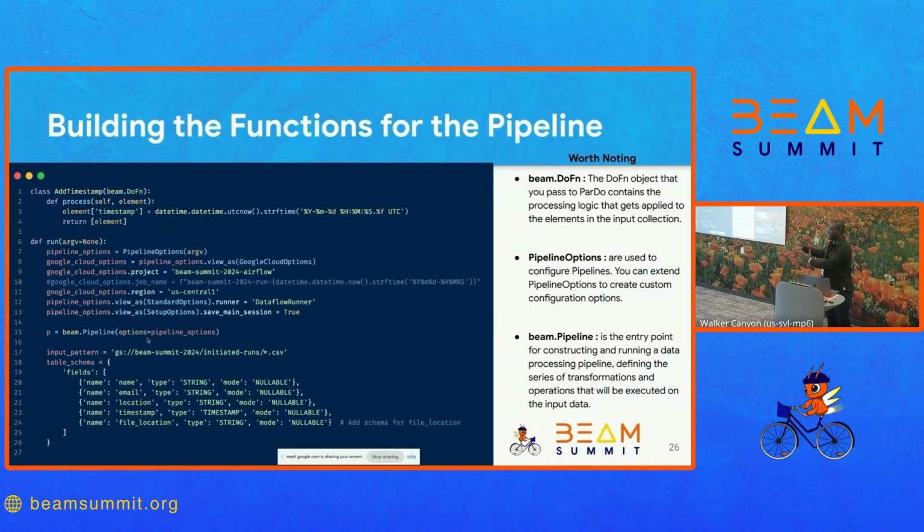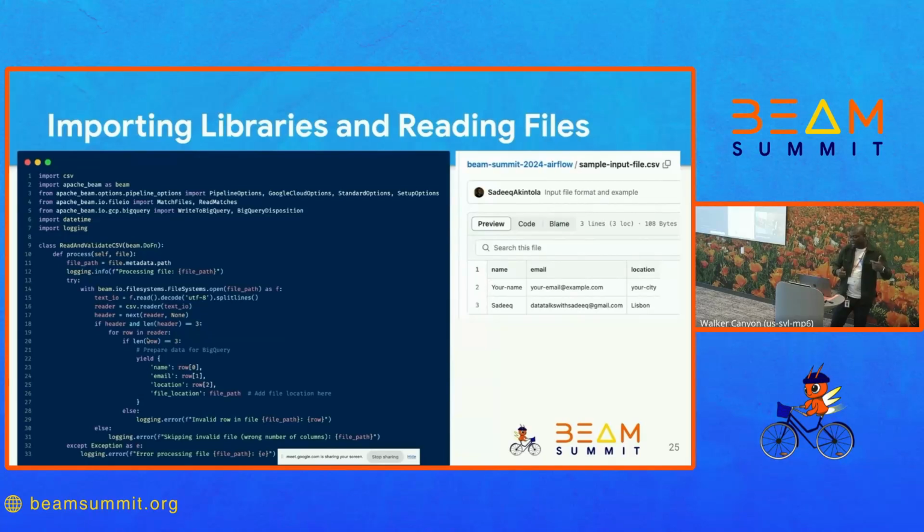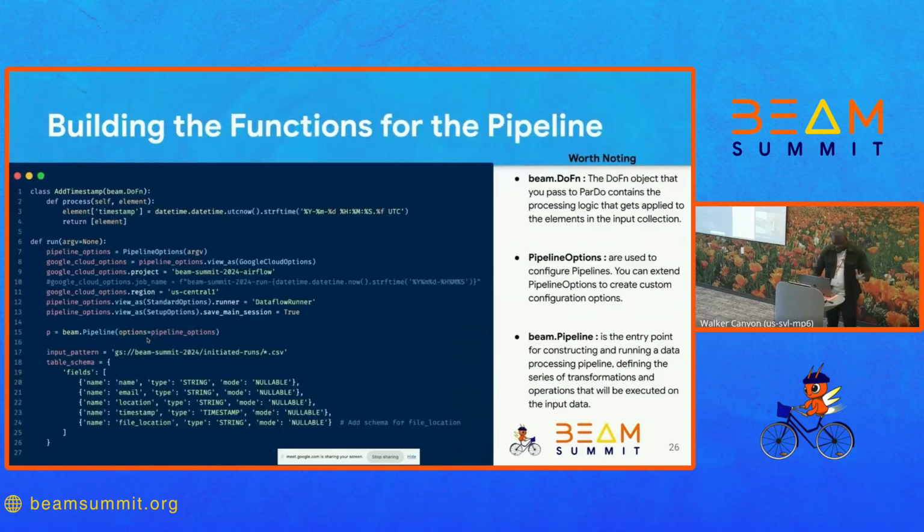And at the end of the day, this is what we call P collection. So I have 3 records, which I have 3 details: name, email, location. That's a P collection on its own. Now it enters into my pipeline. I add a timestamp. It gives me another P collection with what I have. And then that's how I keep building on that. Now I've added my timestamp. I'm beginning to build my pipeline.